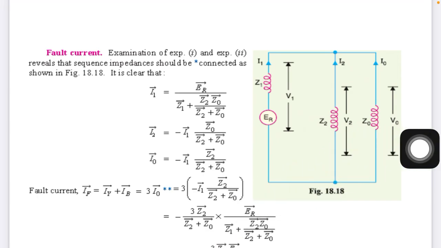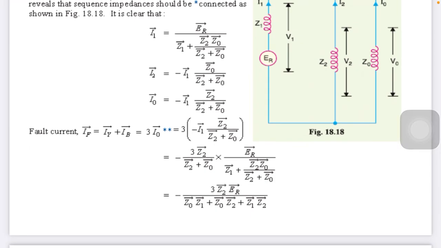So the resultant of IY plus IB is equal to 3 into I0. I0 is minus of I1 Z2 divided by Z2 plus Z0. If we try to solve it, we get a final equation likewise: 3 times Z2 ER divided by Z1 Z2 plus Z0 Z1 plus Z0 Z2.